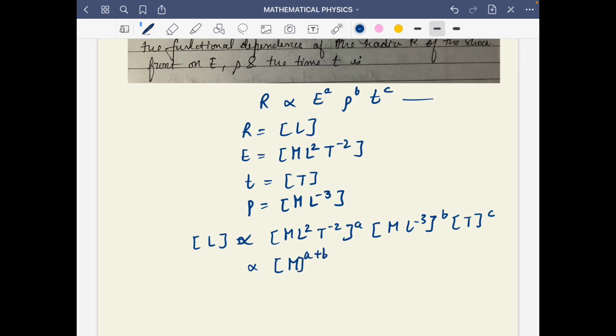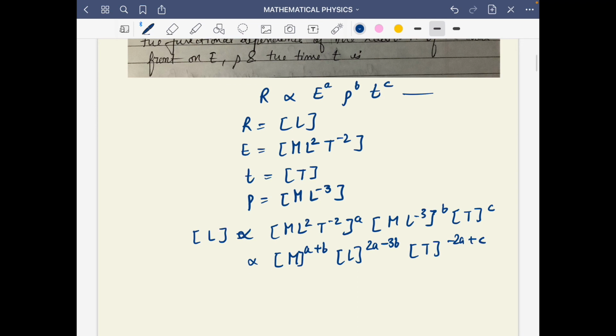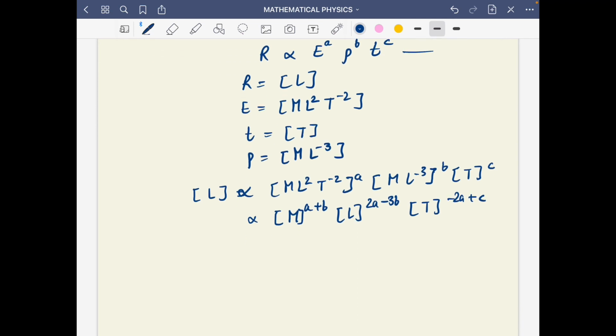Okay, L is 2a minus 3b, right? T is minus 2a plus c. So now here you can see, comparing both sides, right hand side and left hand side, what we notice is as L has the power of 1, so L here is to the power 2a minus 3b.